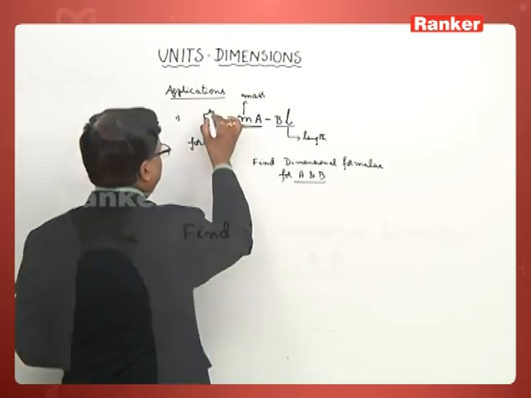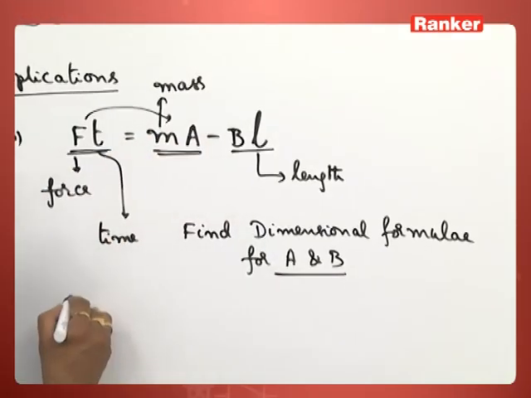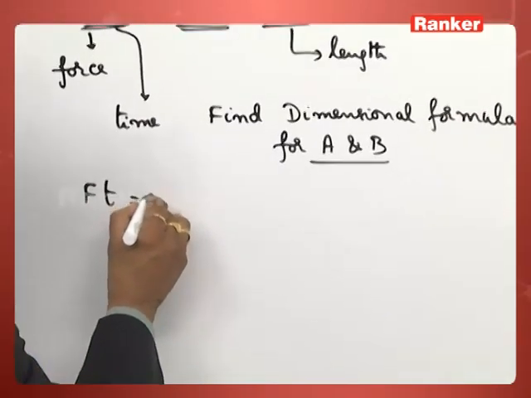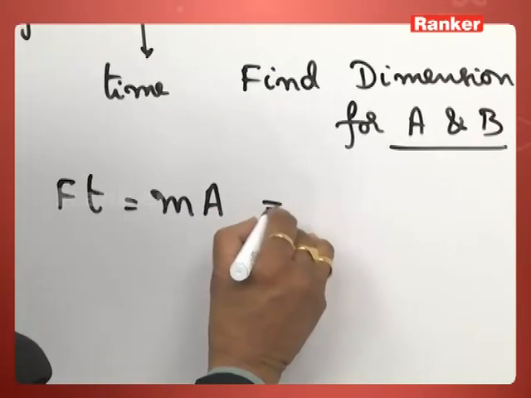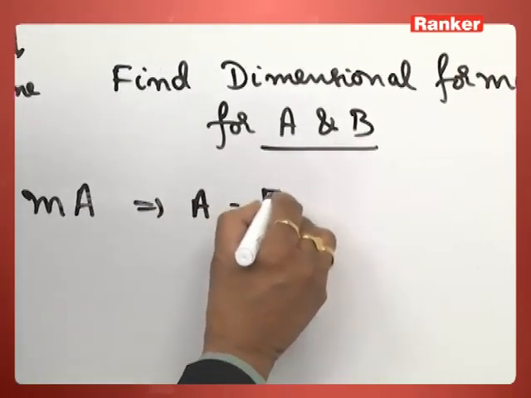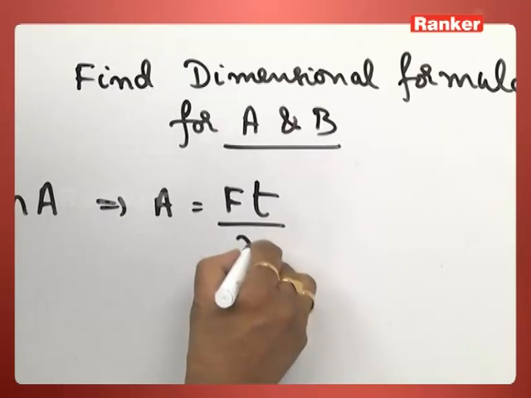Therefore, equate the dimensions of these two now. F into T is equal to m into A. Therefore, now I can write that A is equal to Ft by m.